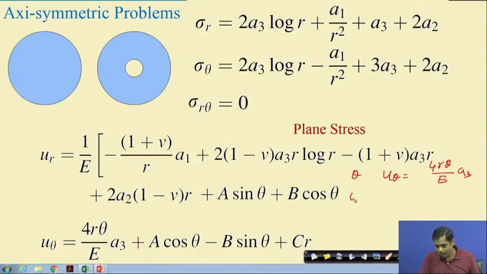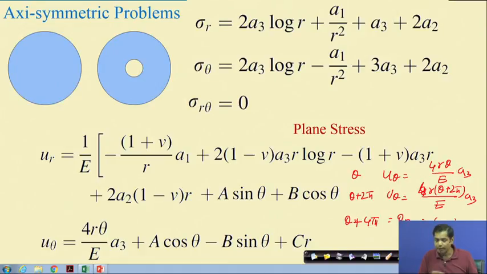For theta plus 2 pi, u theta becomes 4r theta plus 2 pi by E into A3. For theta plus 4 pi, u theta will be something else.